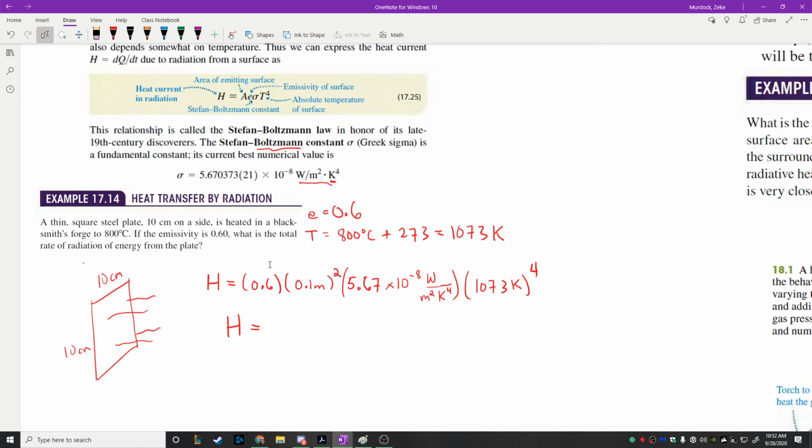Notice that this constant's really tiny, right? It's times 10 to the negative 8, but you're multiplying by something to the fourth power. And the something you're multiplying is probably on the order of 100 to 1,000. So I would think that this is going to squelch out this 10 to the negative 8 number a little bit.